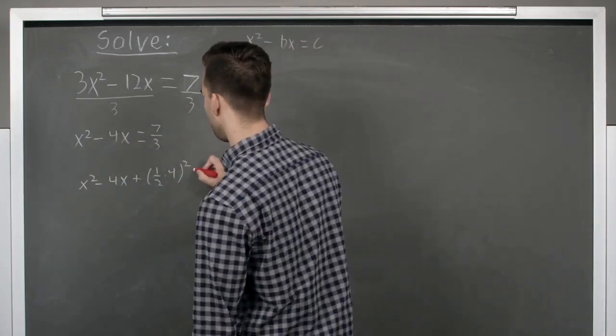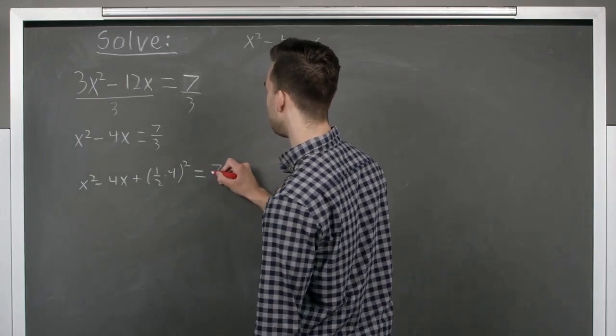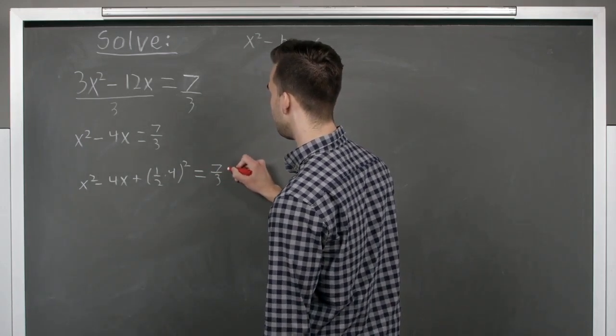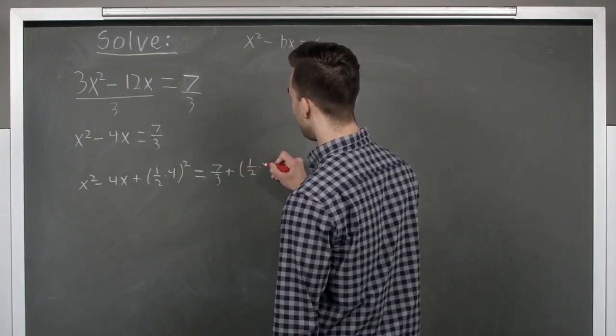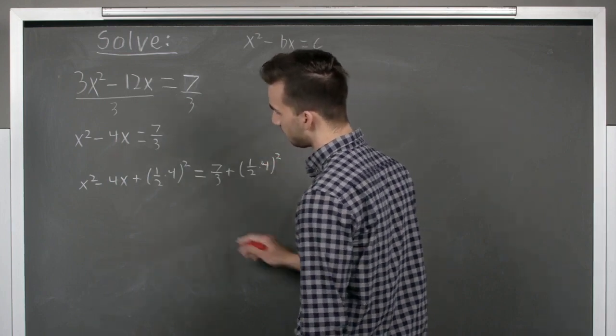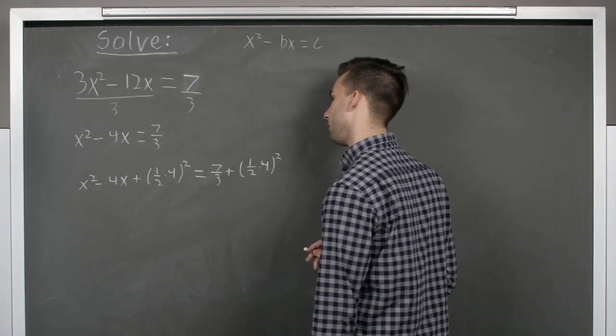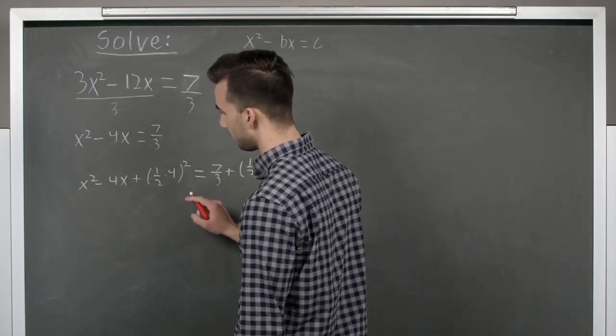And what we do to one side, we have to do to the other side. So 7/3 over here plus 1/2 b squared. So what is 1/2 times 4 squared? That's 2. 2 squared is 4.